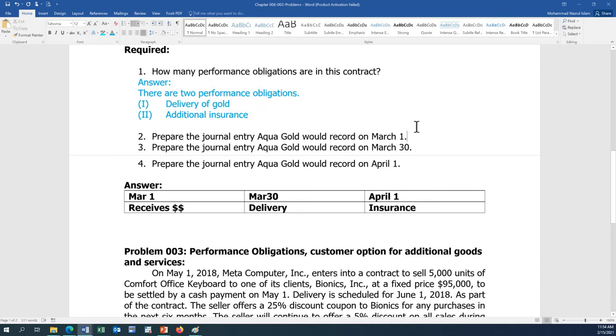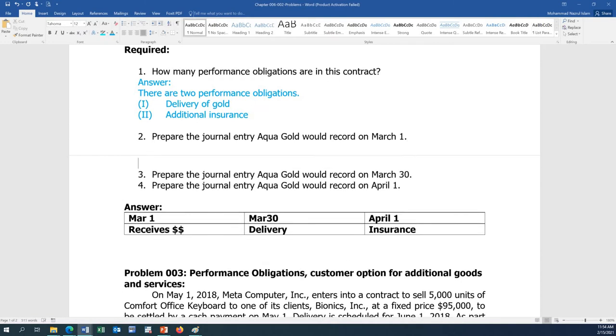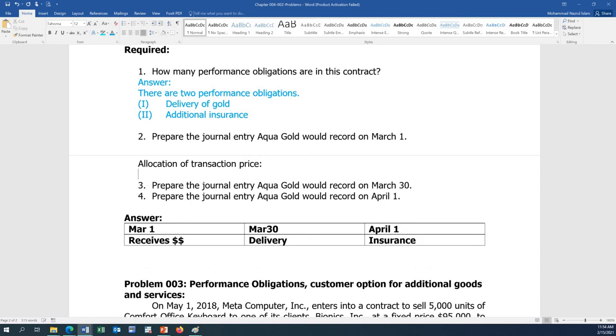Prepare the journal entry on March for Aqua. To prepare the journal entry on March, we need to allocate the transaction price. So allocation of transaction price.